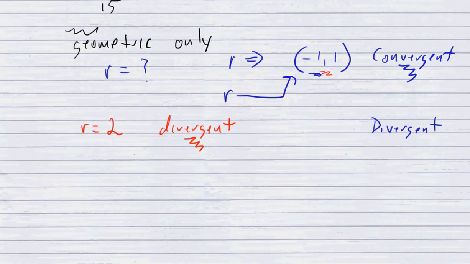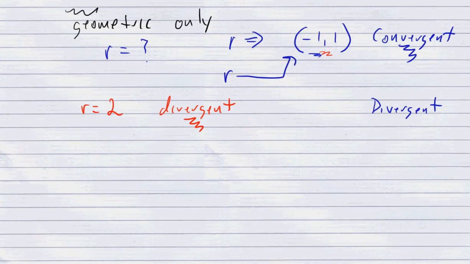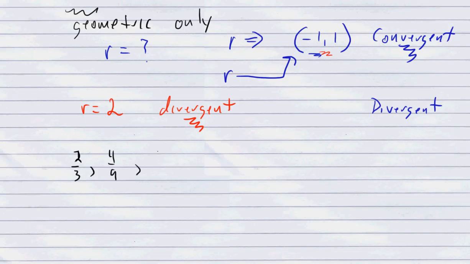Okay? On the other hand, what if we had a series that looked like this? 2/3, 4/9, 8/27, and really I should write this in series form rather than sequence form.